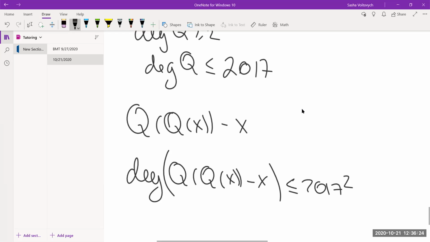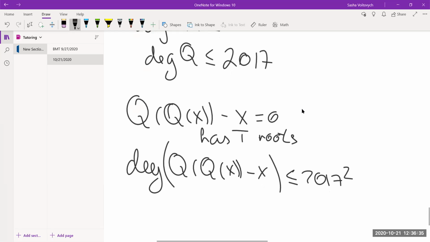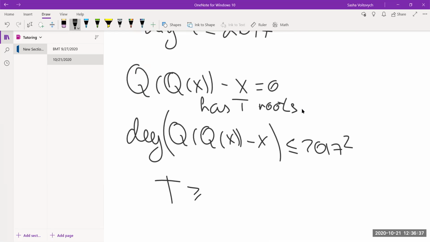However, this equation has t roots, and t is very, very large.